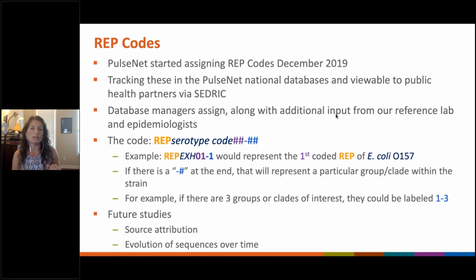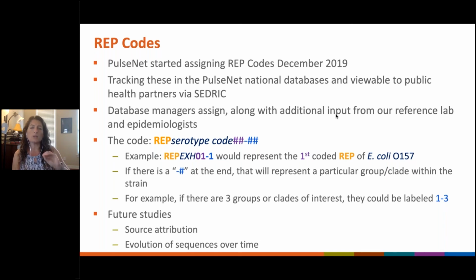And this just gives you an example of what a rep code looks like if you were to happen to see one. So it tells you immediately it's a rep code because it says rep at the beginning, and then it has the serotype code followed by a number. And so this rep EXH01 just indicates that it was the first coded rep of E. coli O157.